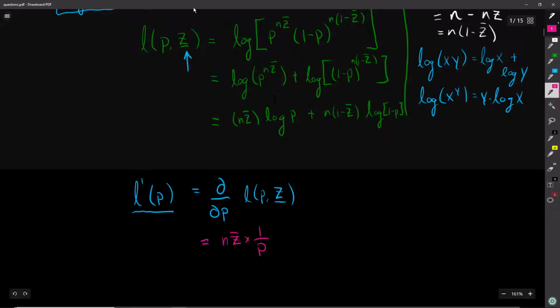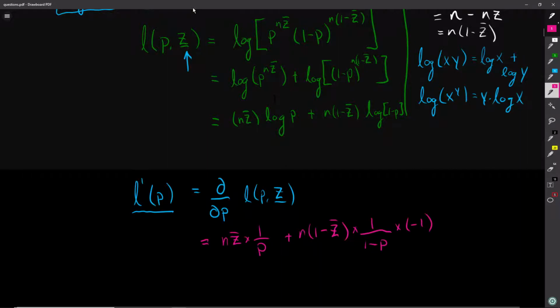And then plus, again, this n times 1 minus z bar is constant. And so now we want the derivative of log 1 minus p. So that's going to be 1 over 1 minus p times the derivative of 1 minus p, using our chain rule there. And so that's going to be a -1.